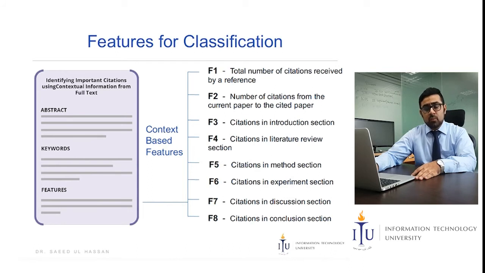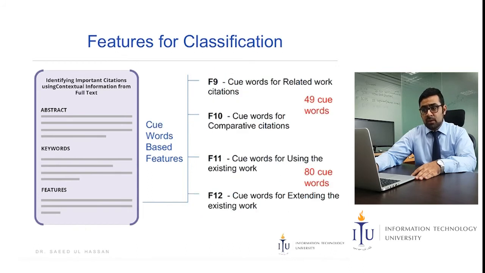The keyword-based features were very important. So we had features F9 and F8, which were related to the related work citations and comparative work citations. We found 49 different keywords, which were manually identified by reading through the papers, that these keywords are usually found when the citations are not very important.